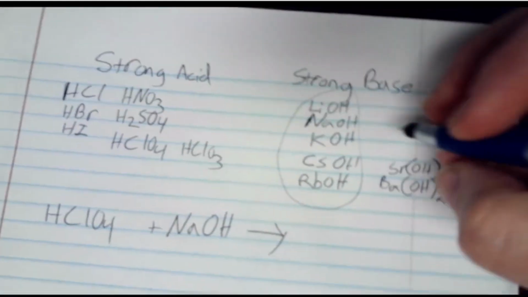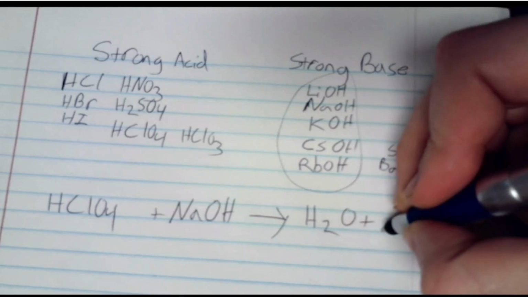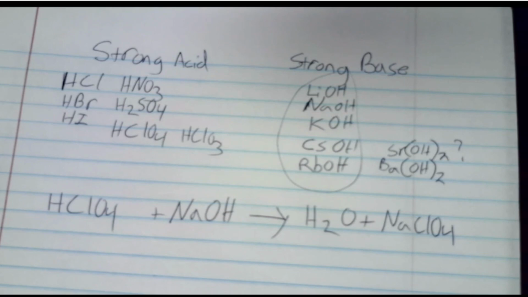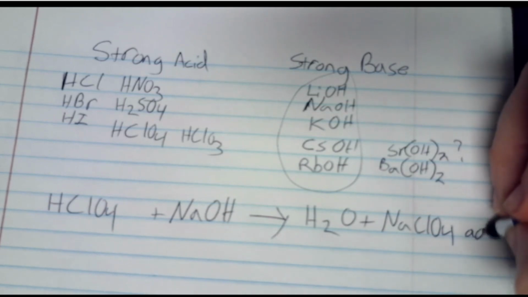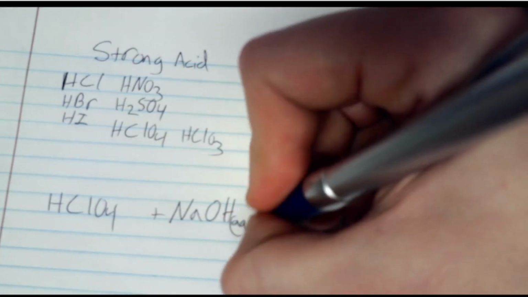So if I'm saying HClO4 plus NaOH goes to H2O and NaClO4. I can look this up on the table. That's aqueous. There's a liquid. Aqueous are net ionic.